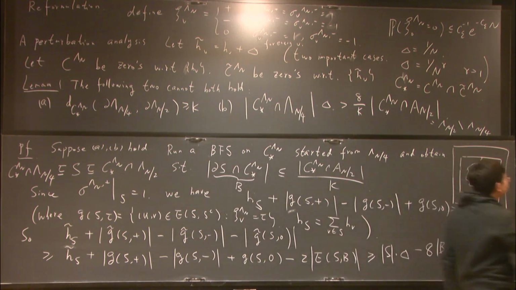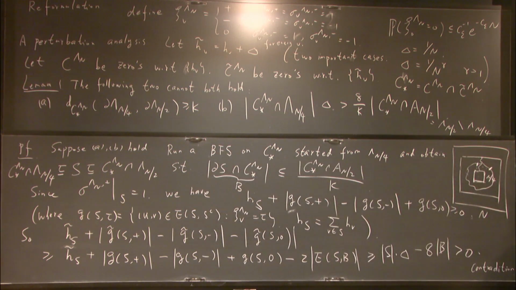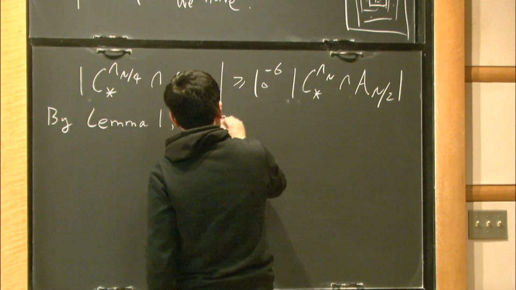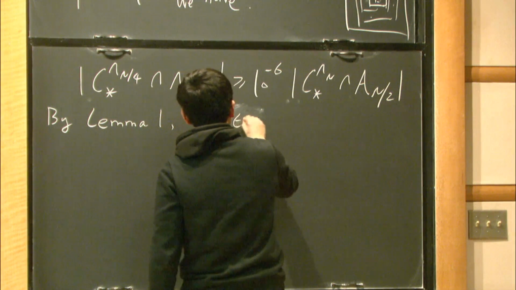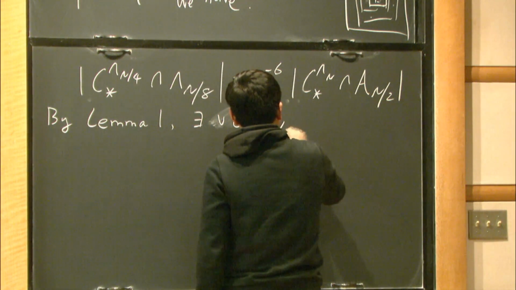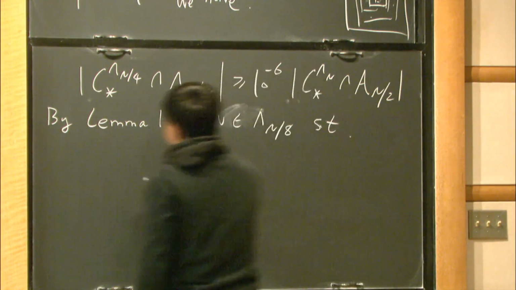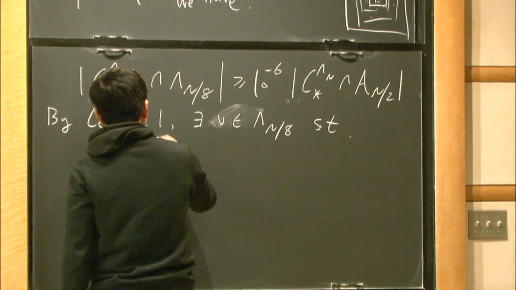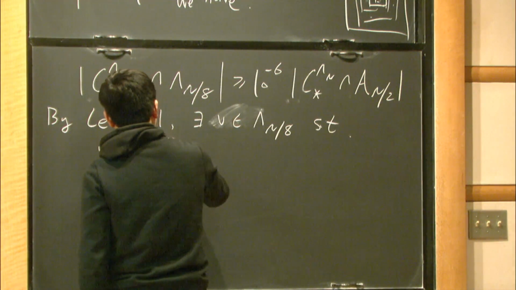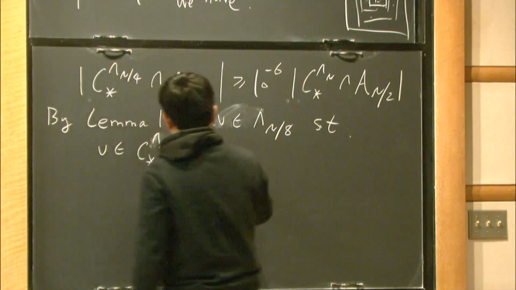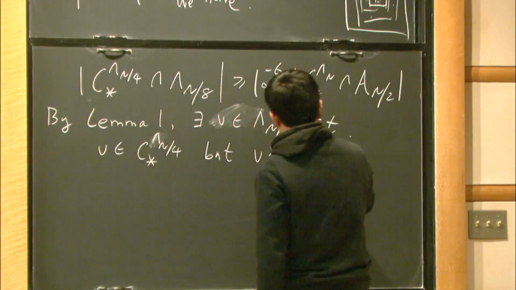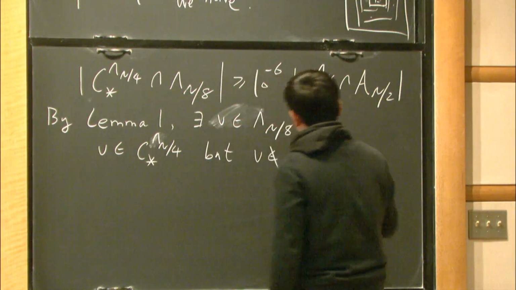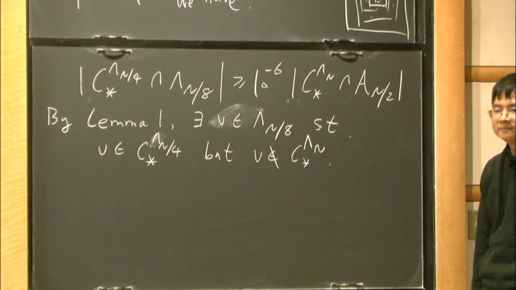So by lemma 1, there exists, that's what exists means, I guess, V in lambda n over 8 such that V is in C star with respect to boundary lambda n over 4, but V is not in C star with respect to boundary lambda n.